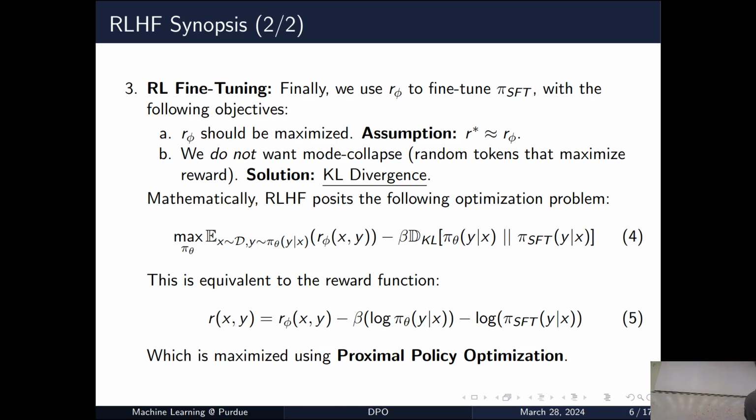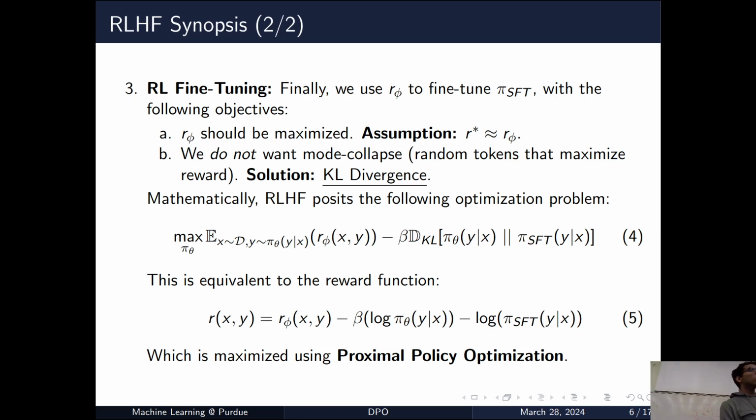Anyways, I'll get back to it later. The idea is the same still. We are trying to prevent mode collapse, and the way that we prevent it is that we want to maximize the reward while making sure that our current model is as similar grammatically as possible.